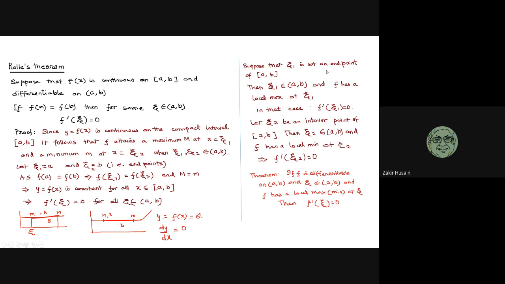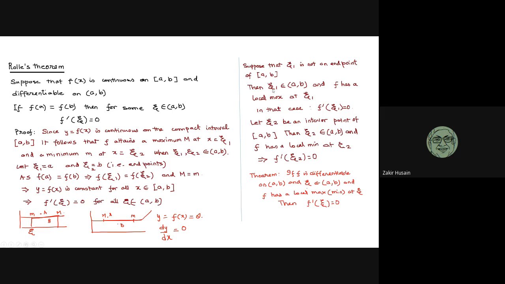But suppose psi 1 is not an endpoint. Okay, it is an interior point. So it lies within A and B. It is not equal to A. It is not equal to B also. Now, let us prove this using a maximum.